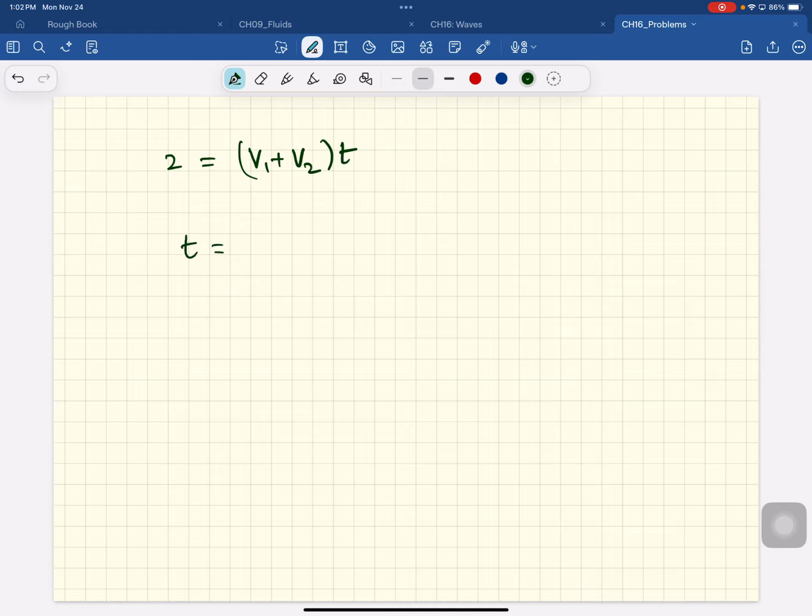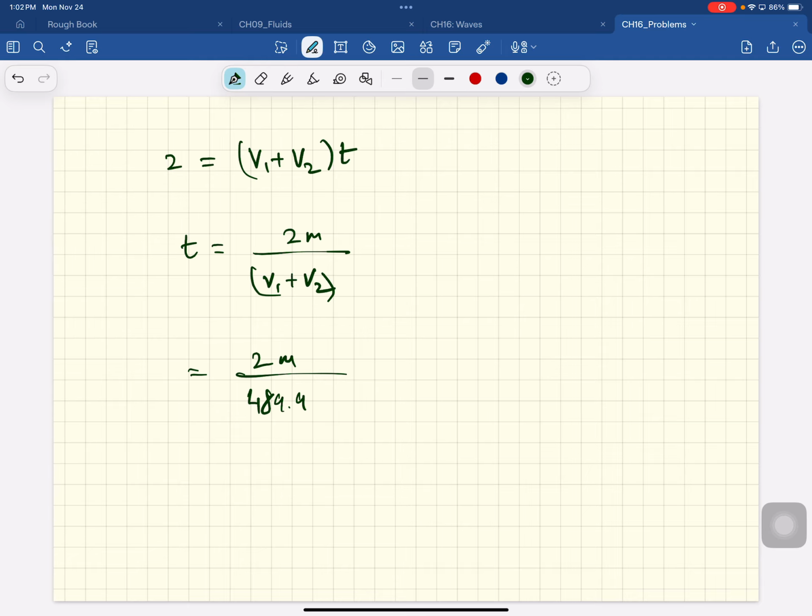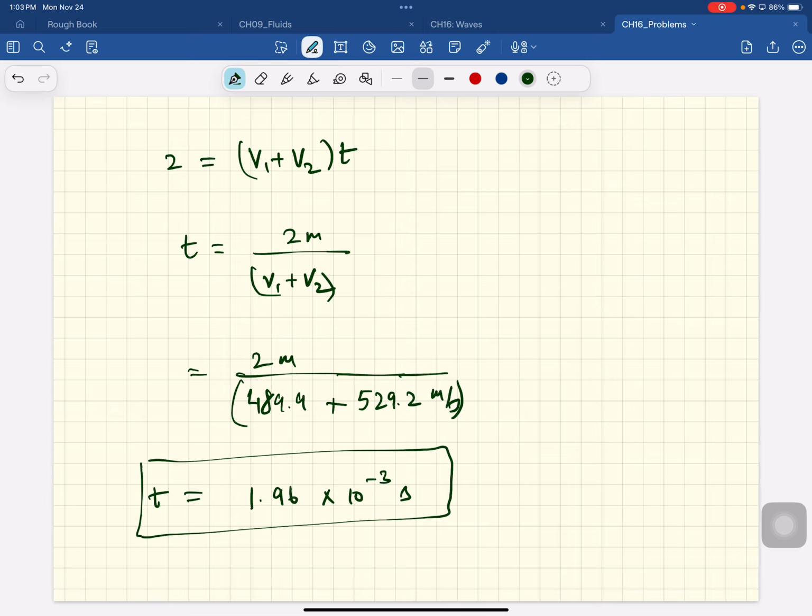So t: they will meet after 2 meters divided by v1 plus v2. So they will meet up after 1.96 milliseconds.